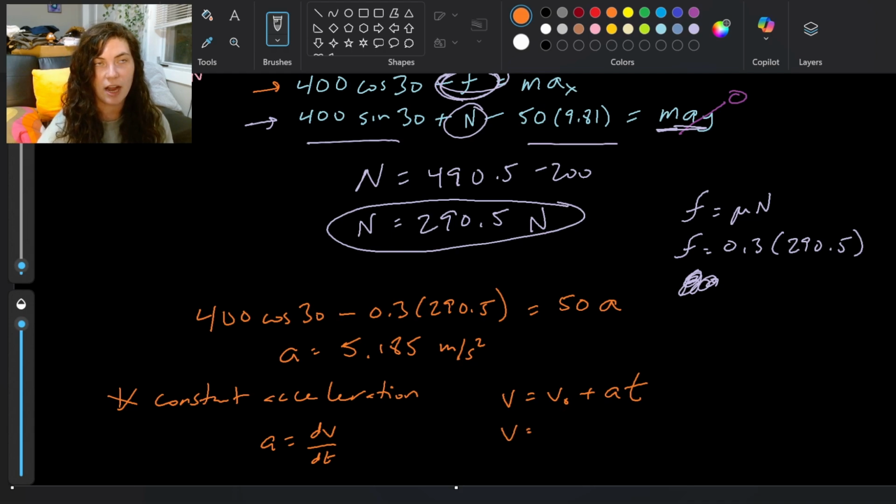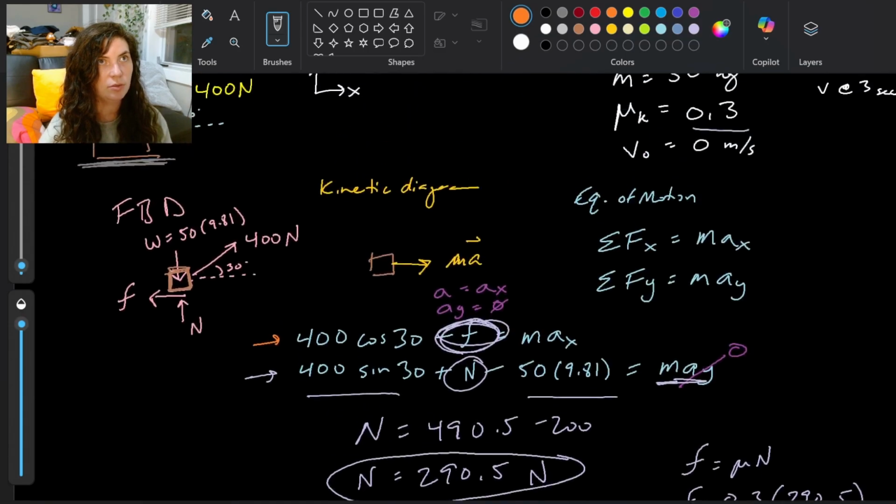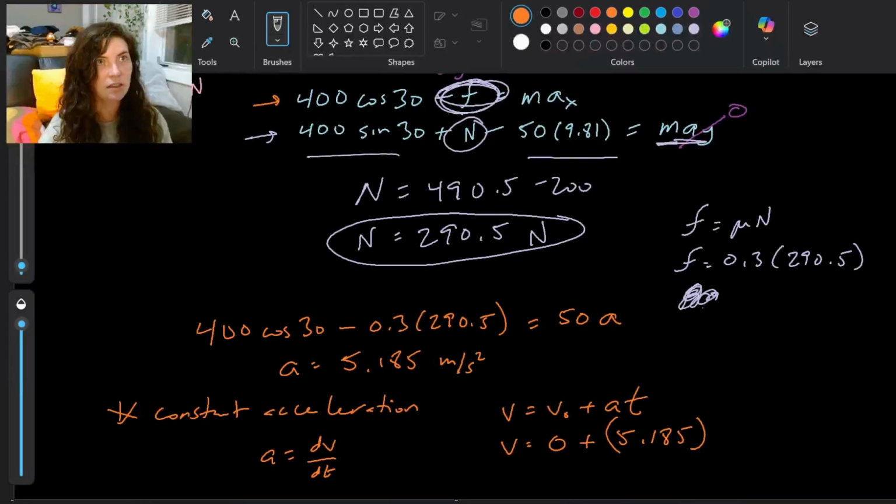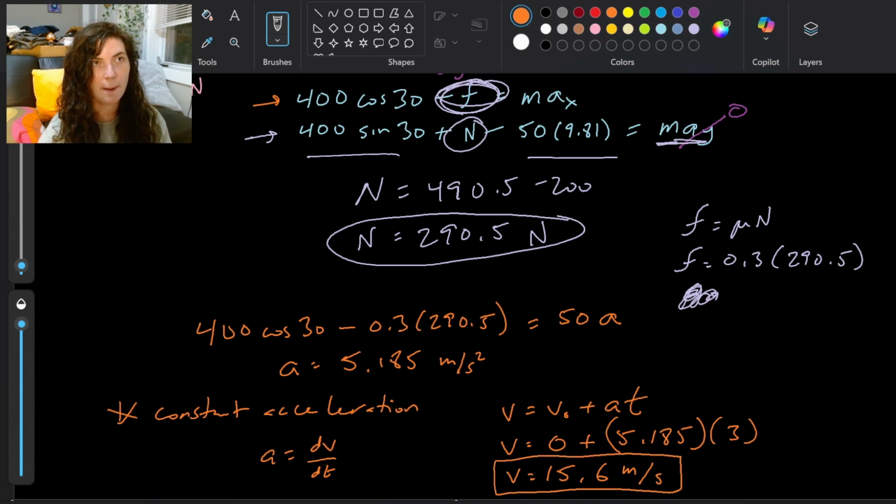It said we start from rest, so initial velocity is 0, plus the acceleration we just found, 5.185, times the time, which we said we wanted to find at 3 seconds, times 3. That means our velocity, what we've been looking for this whole time, at 3 seconds is 15.6 meters per second.